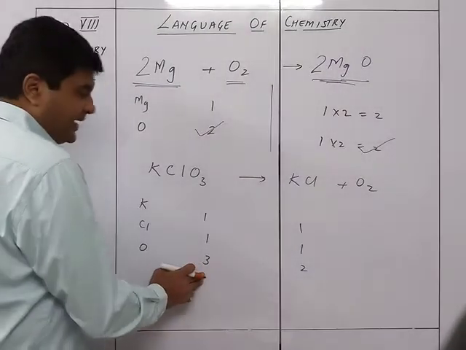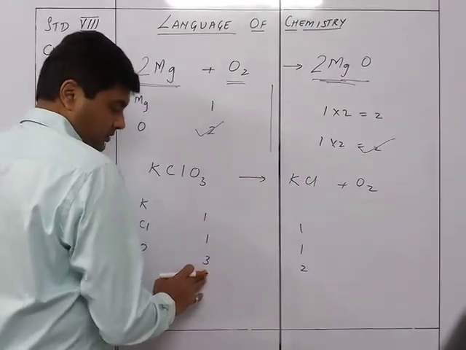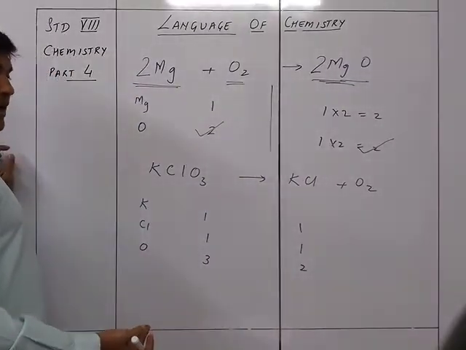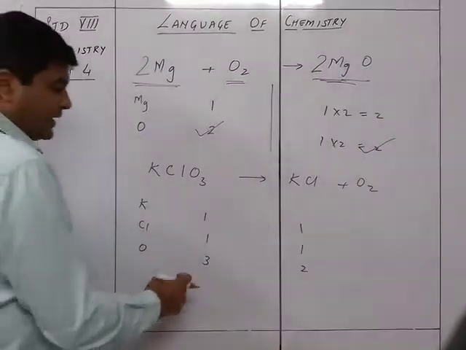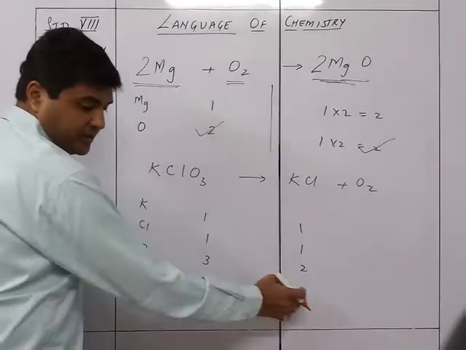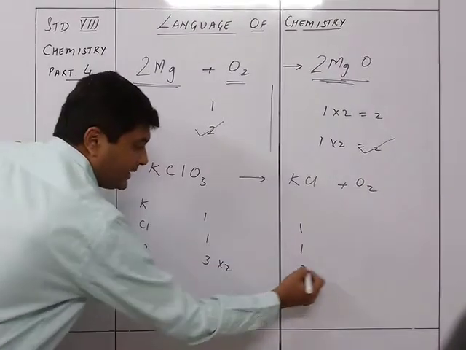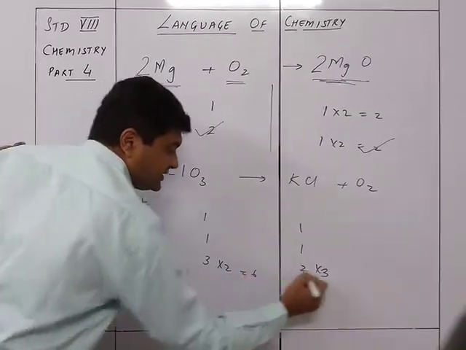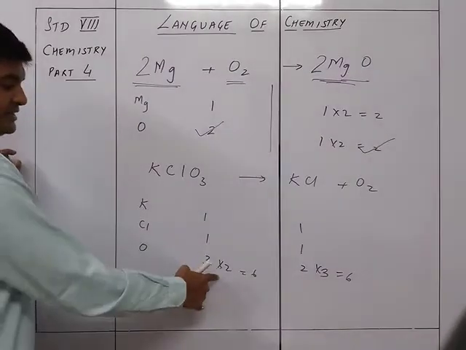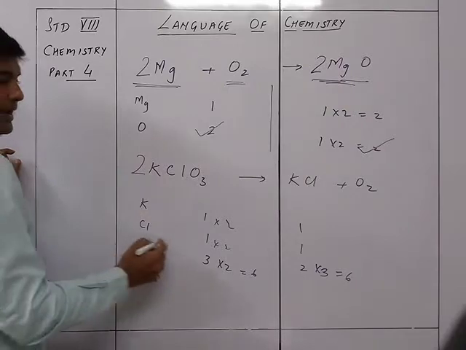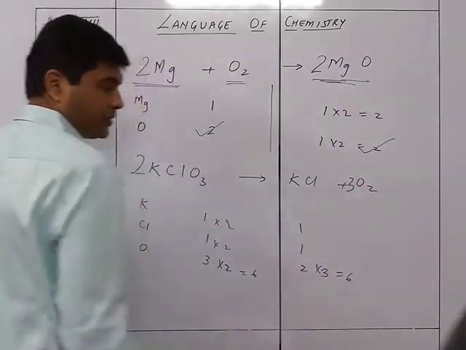Now, I cannot make this 3 into 2, but I can make 2 into 3. So we take the LCM of both. I'll multiply this by 2 and this by 3, so this becomes 6 and this also becomes 6. But this is connected, so all of this will be 2, 2, 2. So the 2 comes here and there will be 3 here.